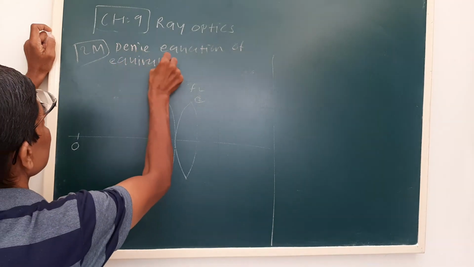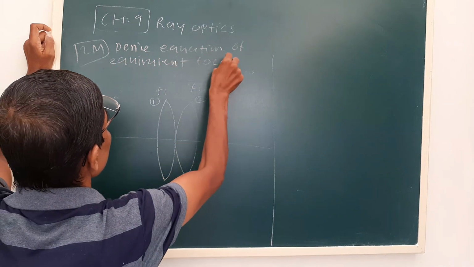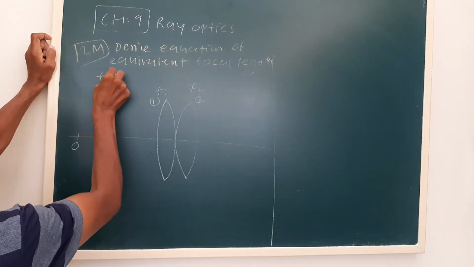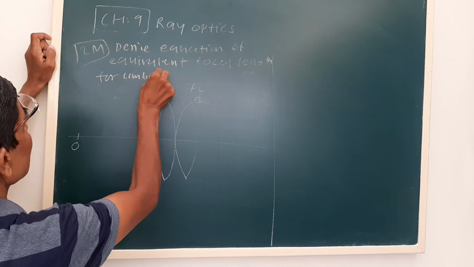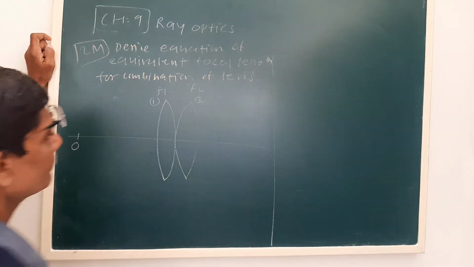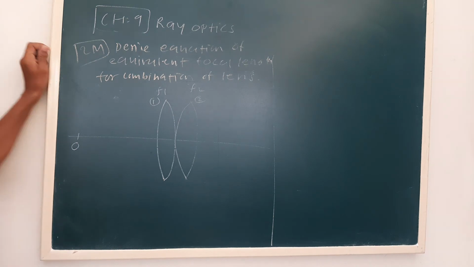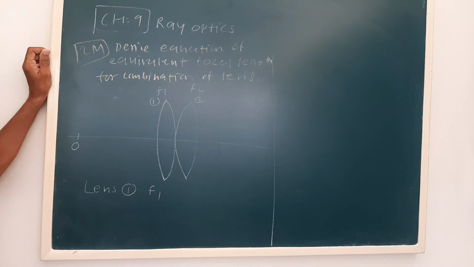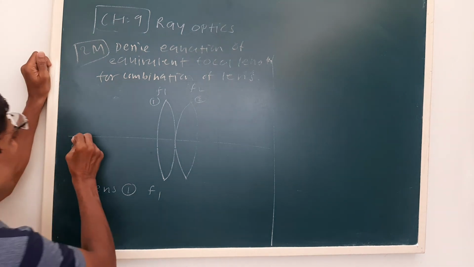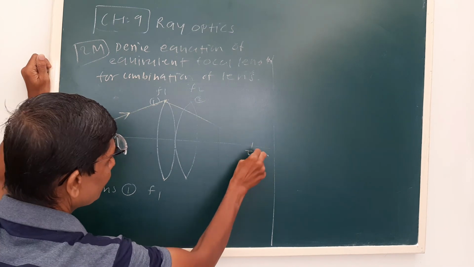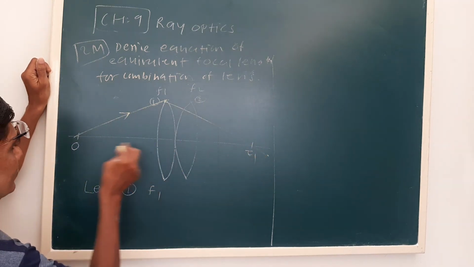for a combination of lenses. Now see, lens 1 has focal length f1. Now we can say the first ray forms the image here.